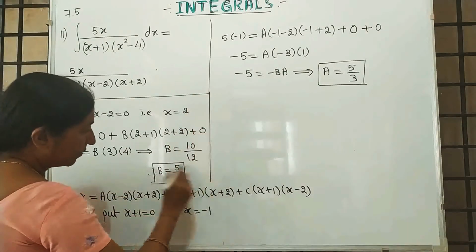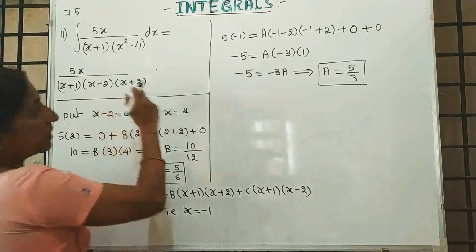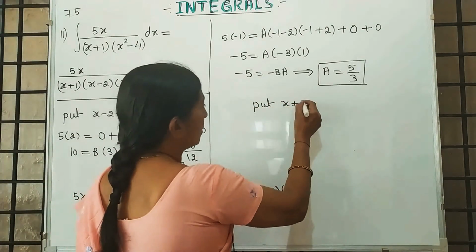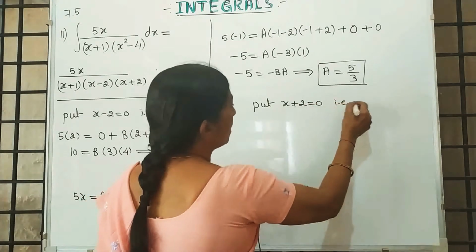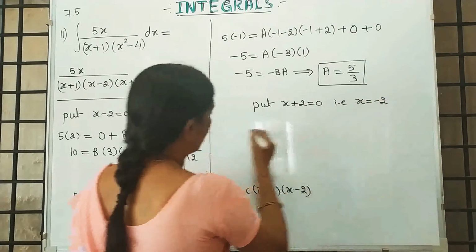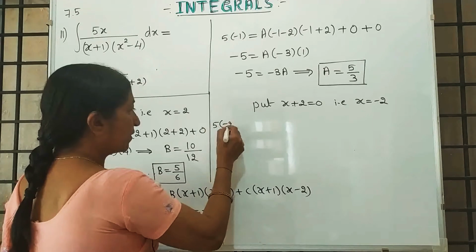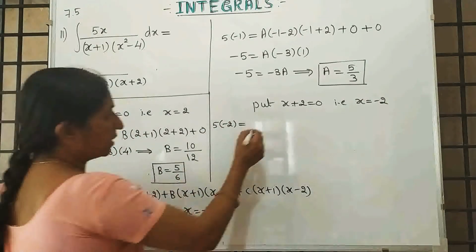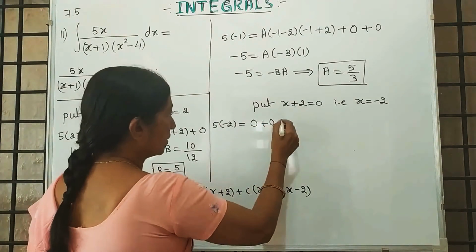Now, this is the B value. Next, x plus 2 is equal to 0. Put x plus 2 is equal to 0, that is x is equal to minus 2. 5 into minus 2 is equal to, see here, minus 2 plus 2, A is 0, even B is 0.